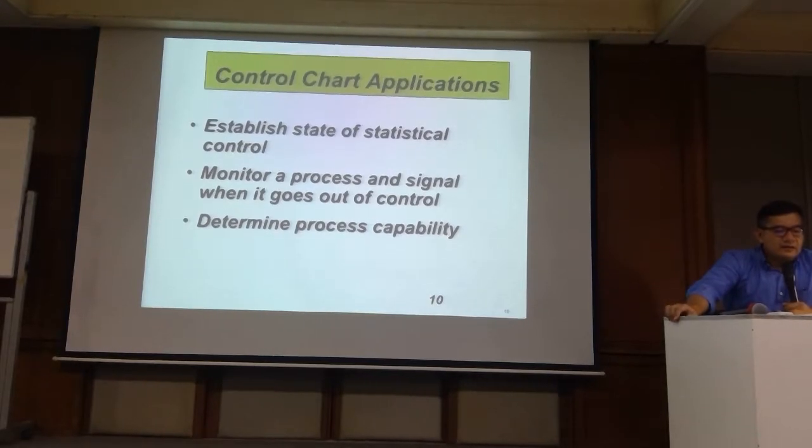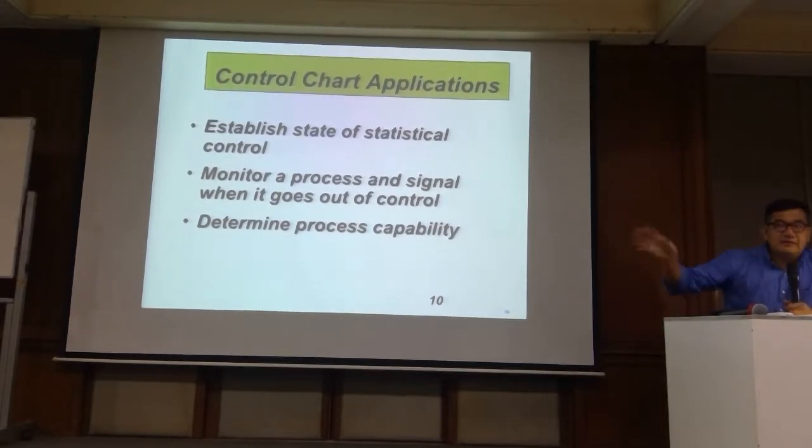And the last step is that once the process stays in control, we need the process capability to make sure that the output of the process stays within the specification or not, by using the calculation of process capability. I will talk about this in the last part of today.